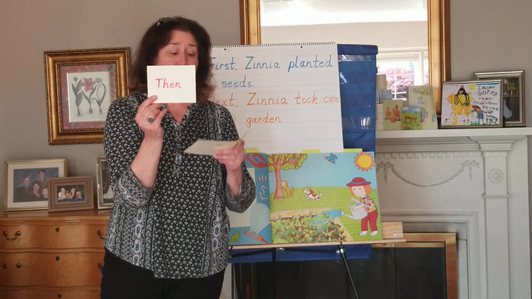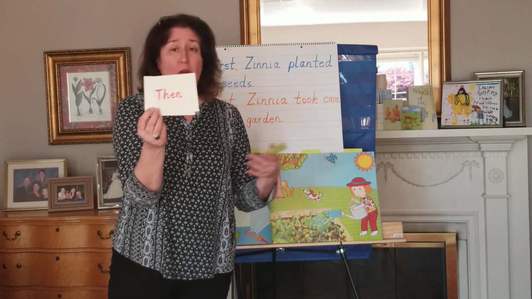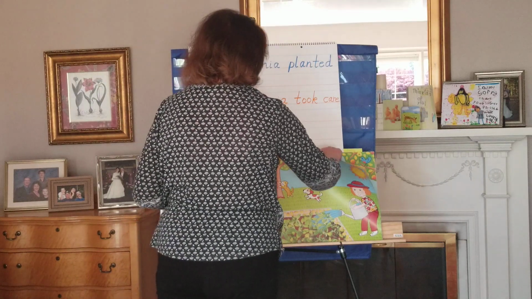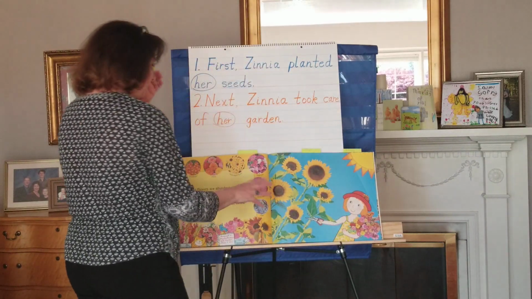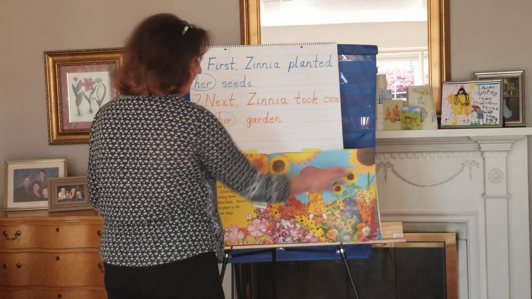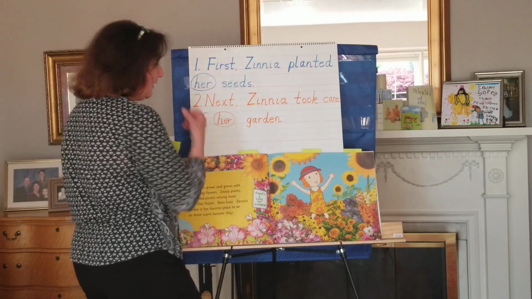Then what happened? Well, her flowers grew. We know that they grew, and she enjoyed them, and she got to sit in the garden and read and picnic and enjoy just time in the garden.